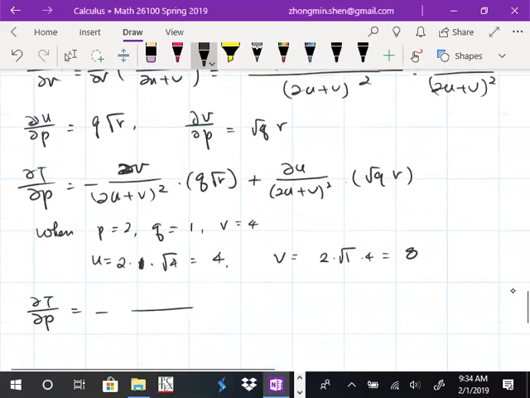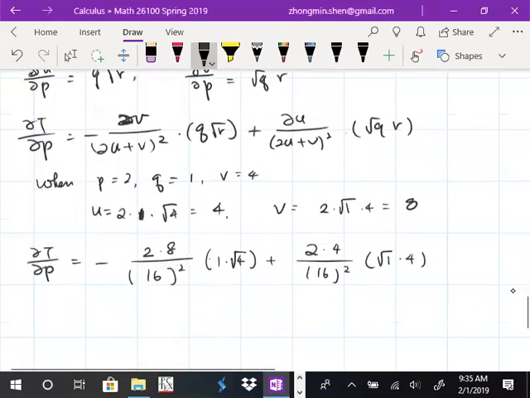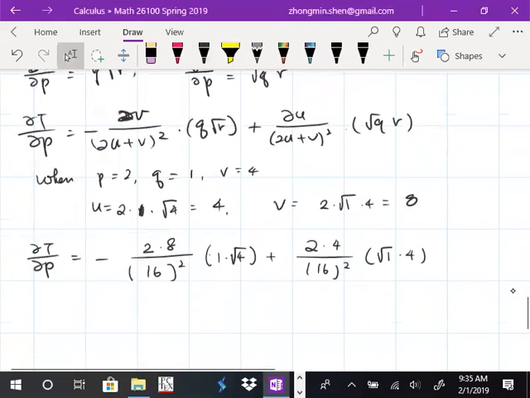Now you plug everything into the above formula. It's negative 2 times V which is 8. The denominator is 2U plus V, where 2U is 8, 8 plus V, 8, so it's 16 squared. Q is 1, square root of R is 2, plus 2U, U is 4, and here still 16 squared, and square root of 1 times... Okay, I think that's going to be 0.